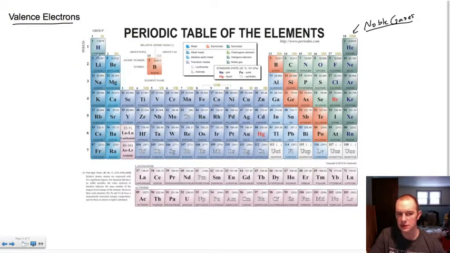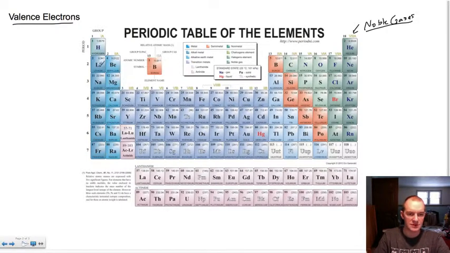Now the key is if it loses 1 valence electron in the second energy level, remember there are still electrons in the first energy level. So if it loses the 1 in the second energy level, that means it's got 2 in the first energy level and it looks like helium. These elements will do what is more energetically favorable, and the easiest way to understand that is to consider how many spots you would have to jump to get to 8.